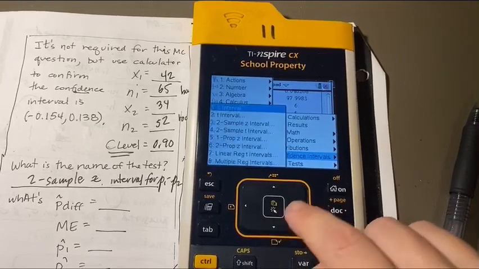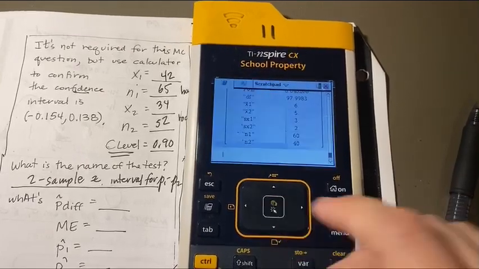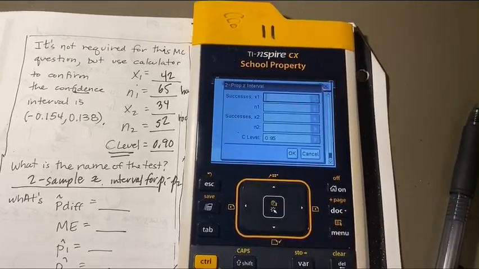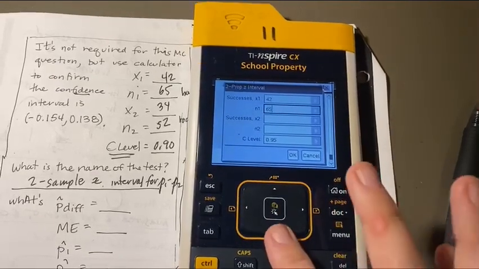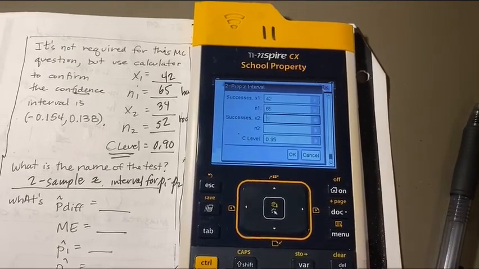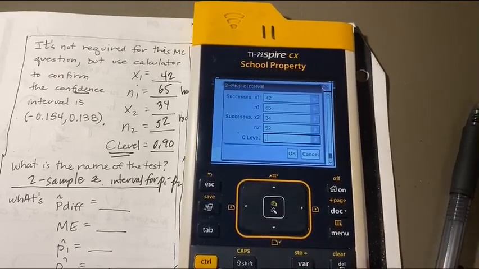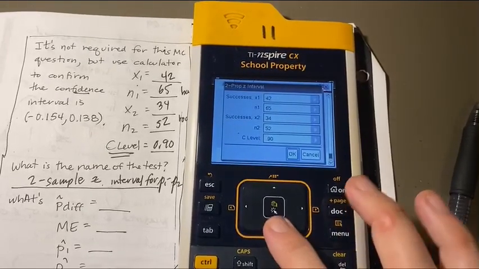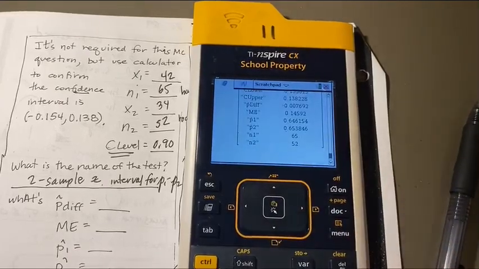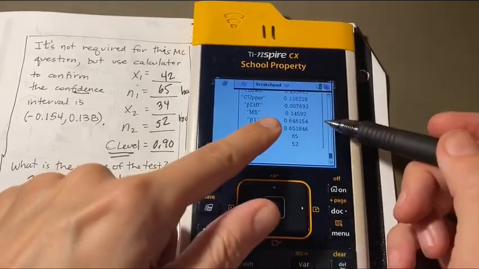I've got to do a confidence interval, 2 proportion Z interval, 42, 65, 34, 52, 0.90, enter. Okay, there we go. So here's my data.